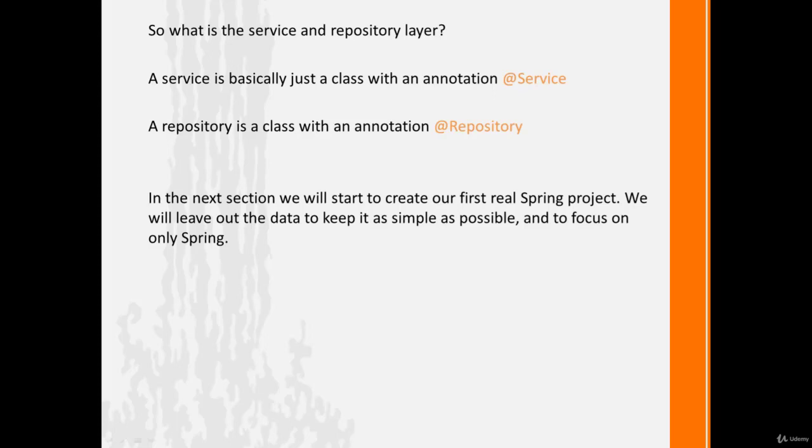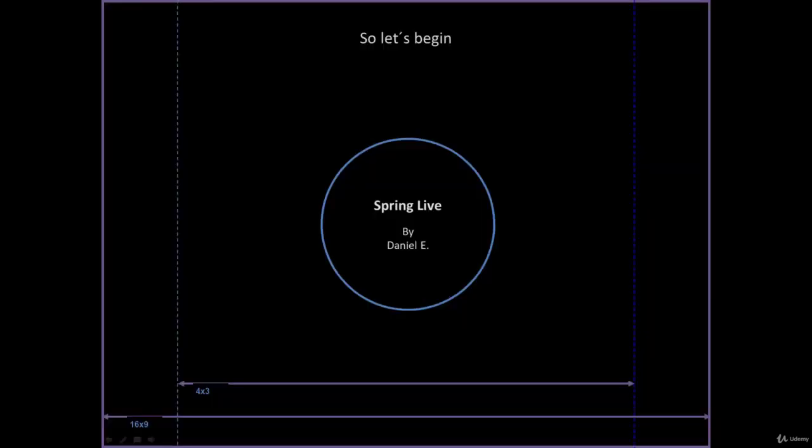We will create a list, an ArrayList, something like that, and we will fill it with just some test data, so we can test our application. So in the next video, which is section 3, we will begin to look at a real Spring setup.